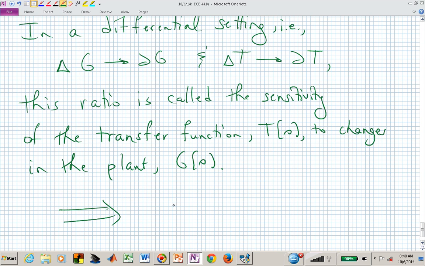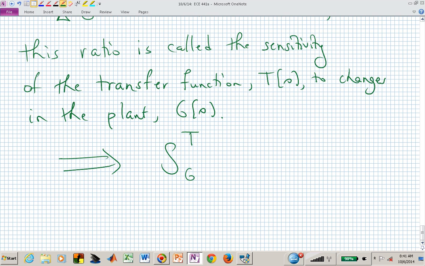And we like to use notation, so now the sensitivity, that ratio of relative changes of transfer function and plant, we will label with S for sensitivity, but now we say that's the sensitivity of our transfer function, so we give it a superscript. With respect to changes in the plant, we give it a subscript G. That's our notation for the sensitivity of the plant, or I'm sorry, the transfer function to changes in the plant.